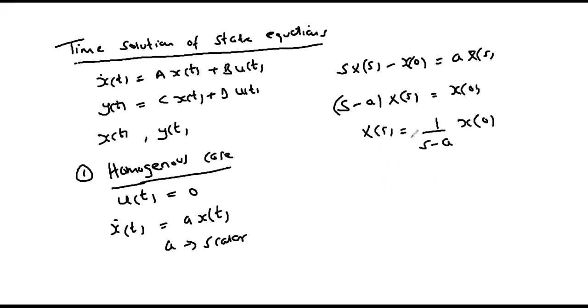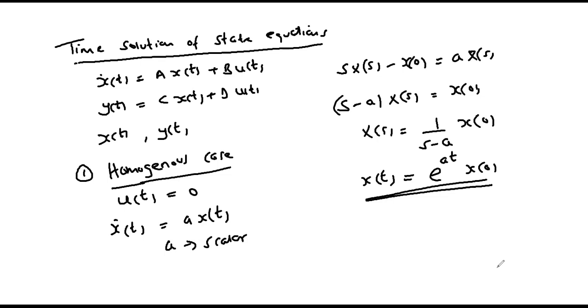If we obtain the inverse Laplace transform, then our x of t will be equal to e to the power At times x of 0. And this is the solution of the state equation when A is a scalar.